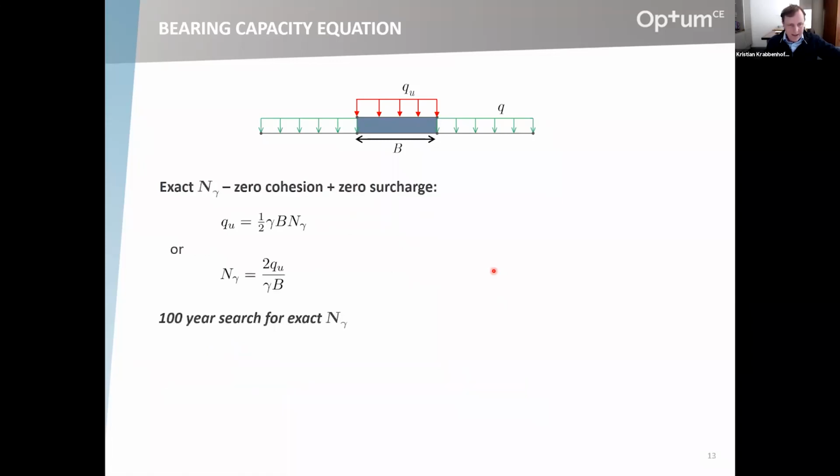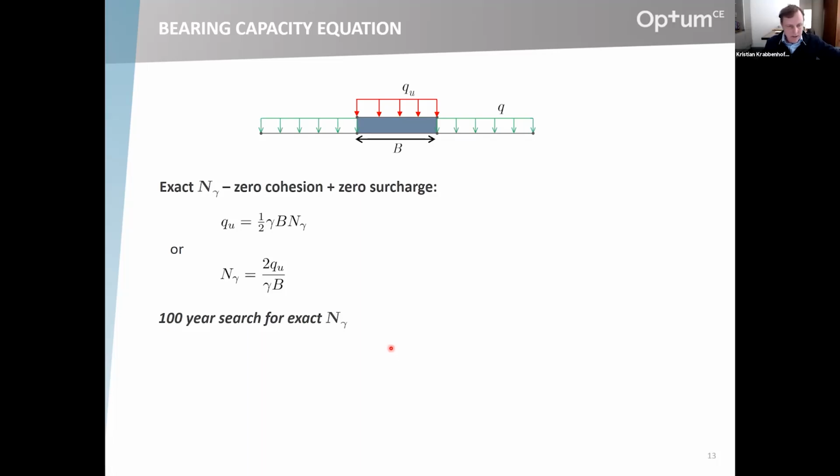And what do I mean by the exact N_gamma? Well, I mean the solution to the famous or perhaps infamous N_gamma problem. So the problem where you have no cohesion and no surcharge, and where you can express the bearing capacity in terms of this equation here. If you have the bearing capacity, you can of course back-calculate N_gamma. And so it's kind of important to have N_gamma.